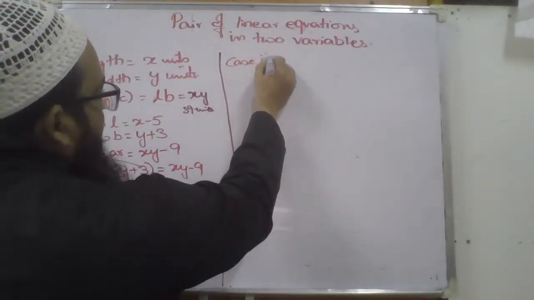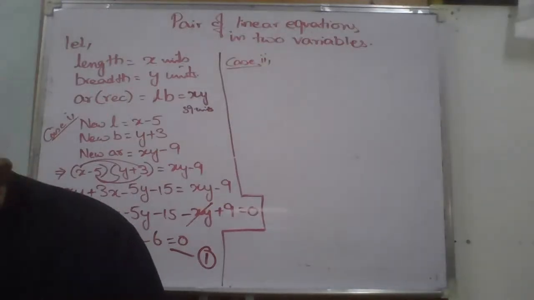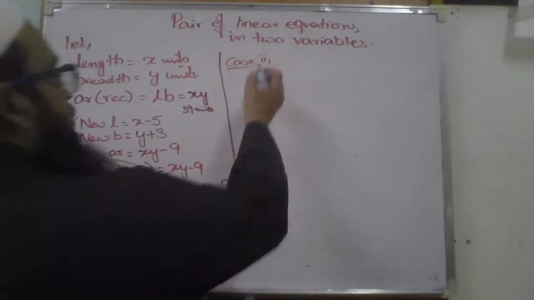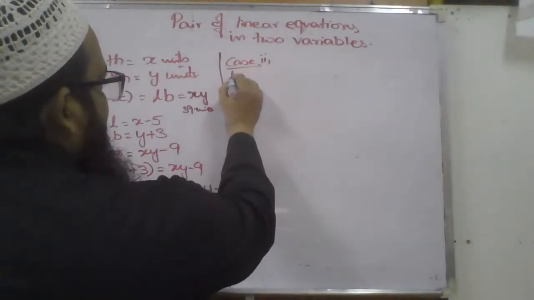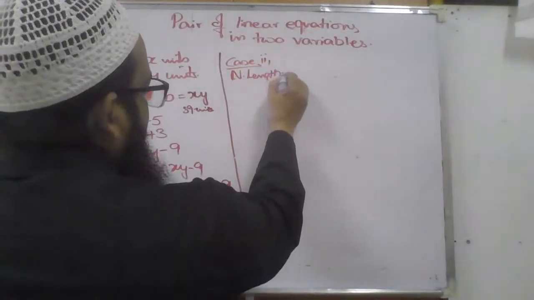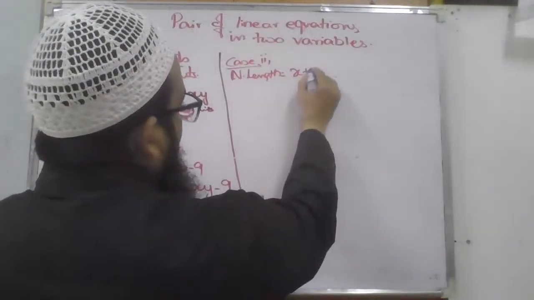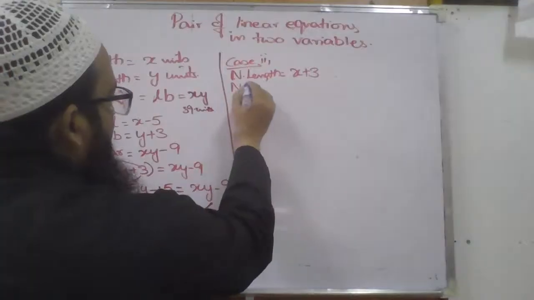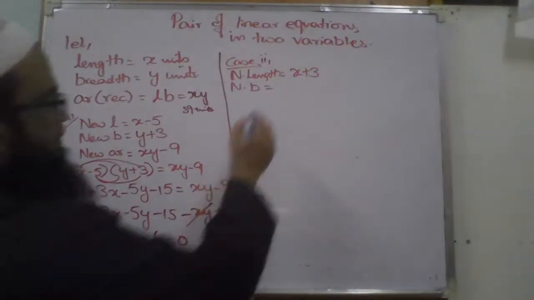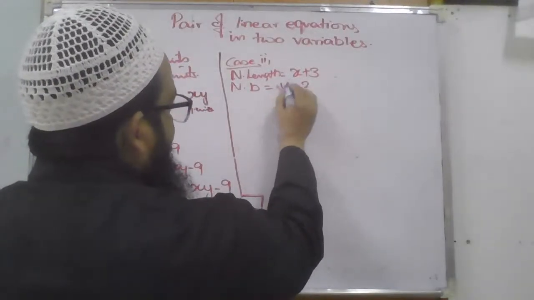If we increase the length by 3 units and breadth by 2 units, the new length is x plus 3, and the new breadth is increased by 2 units, so y plus 2.